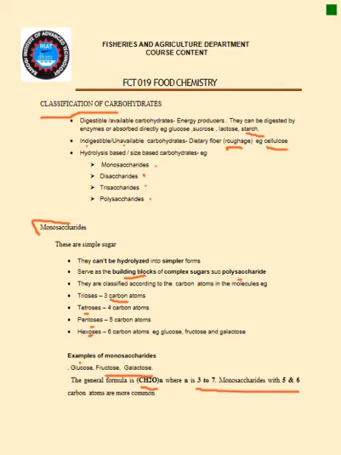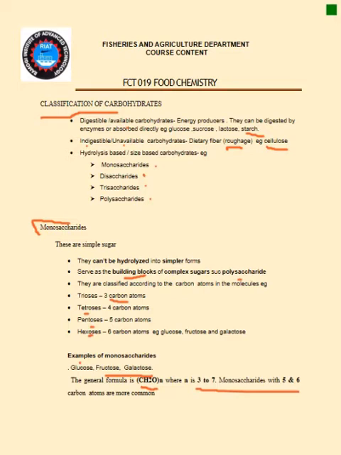Then they are classified according to the number of carbon atoms in their molecules. What do I mean? Monosaccharides can also be put into classes, and the basis of classification is the number of carbon atoms that they have. If it has 3 carbon atoms, we call them trioses.